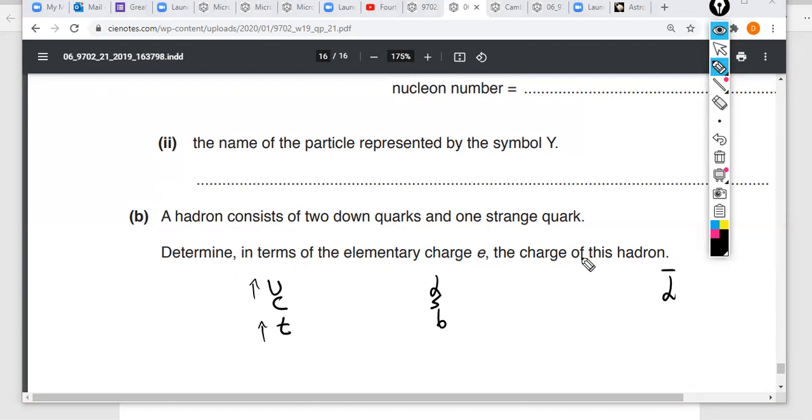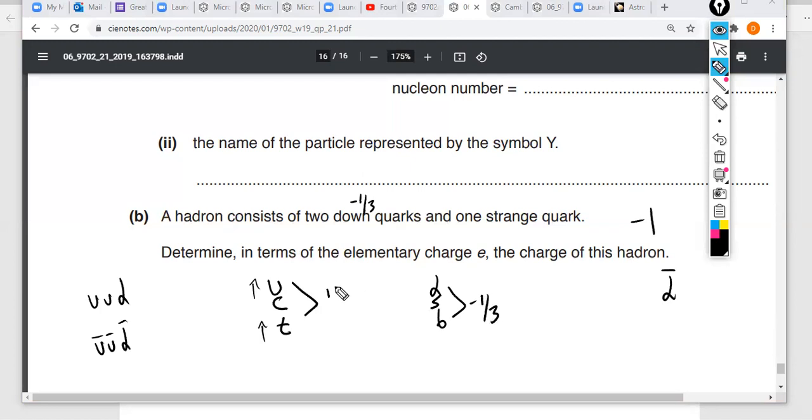Just because the charge on this thing is -1 doesn't mean it's an anti-proton. Because if a proton is up, up, down, an anti-proton would be anti-up, anti-up, anti-down. That would give us an anti-proton. This is something that just happens to have a charge of -1 because the 2 down quarks each have a charge of -1/3. Remember, these are the guys with -1/3 from the notes yesterday.